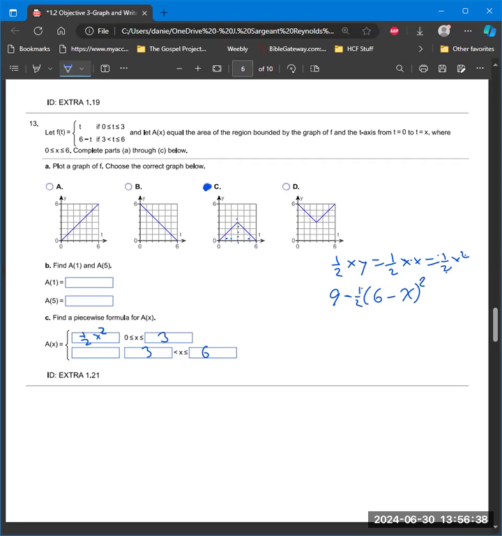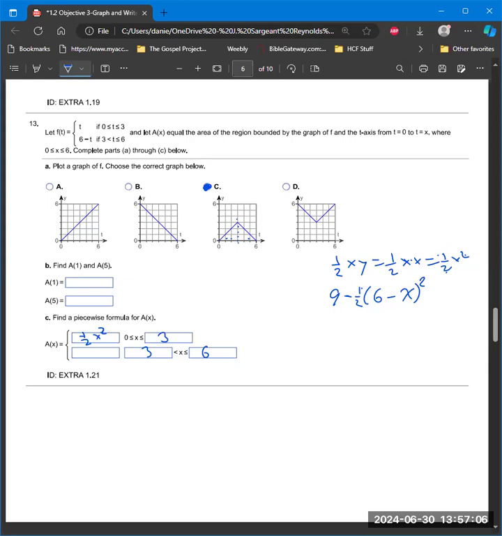So this distance here, 6 minus x, is also going to be the height this way. So for instance, when x is 5, 6 minus 5 is 1. It's also going to have a height of 1. That is going to give me an area of 1/2 that I'm going to subtract from the 9.